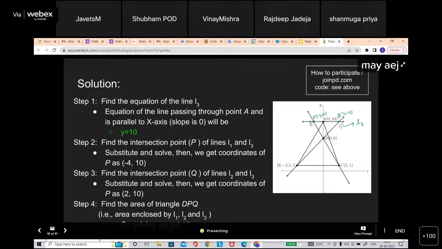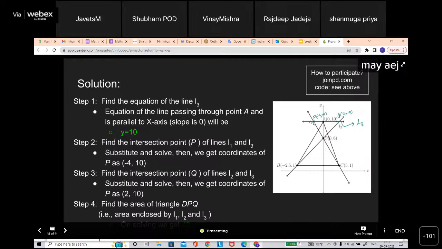Now, what is going to be the area? You already have all the vertices. Otherwise, the second way is to calculate the height here, which is 4. And the base is parallel to the x-axis.